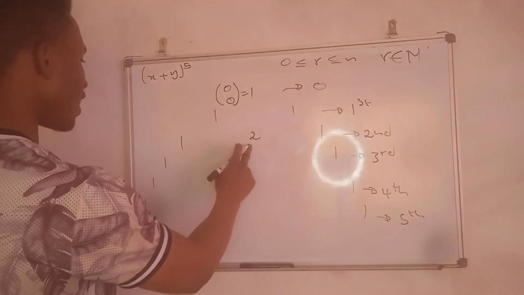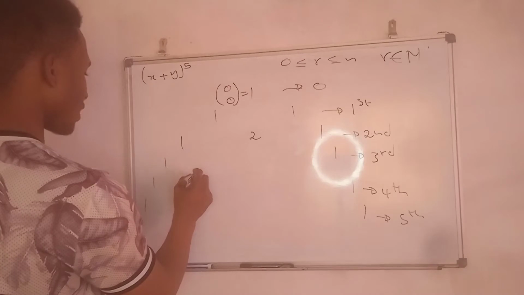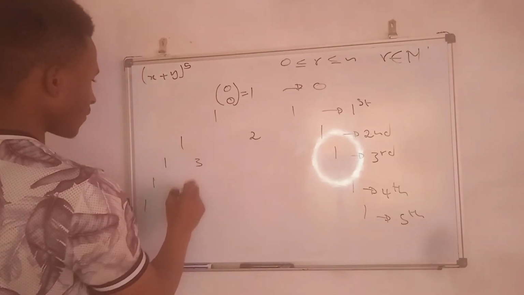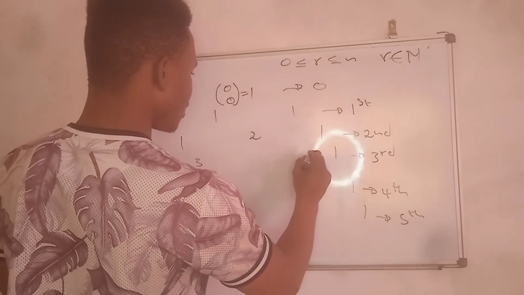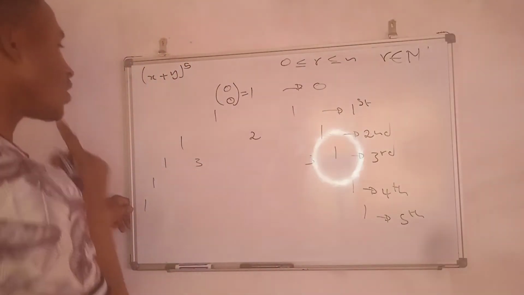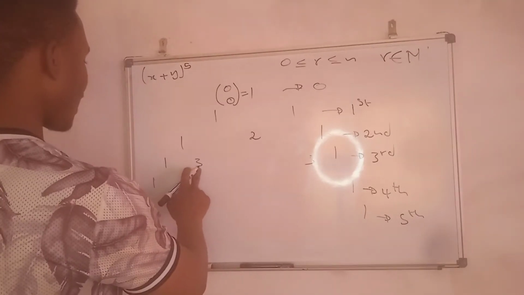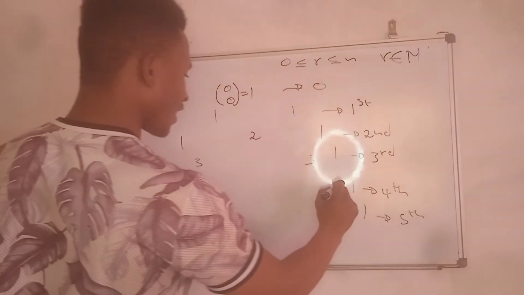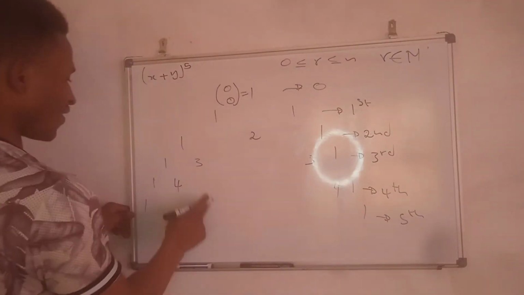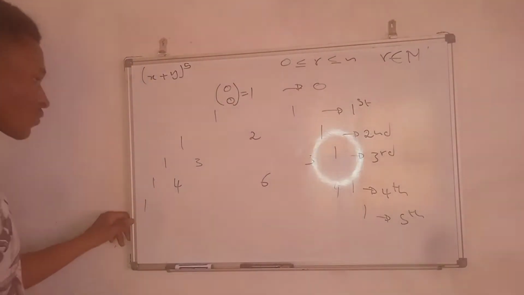But this 2 here will be 1 plus 2, and that gives us 3 here, and it also gives us 3 here. So this 3, I can add it to 1, and it will give me 4, and even this 3, I can add it to 1, it will give me 4, and then I have to add this 3 and 3, and it gives me 6.